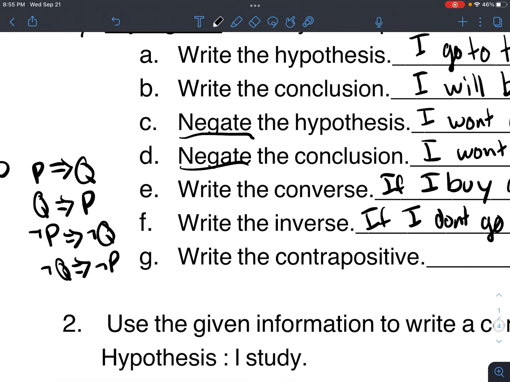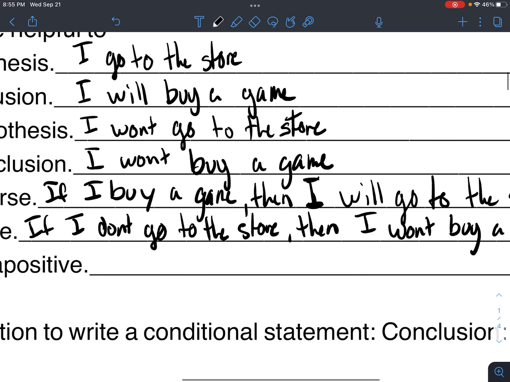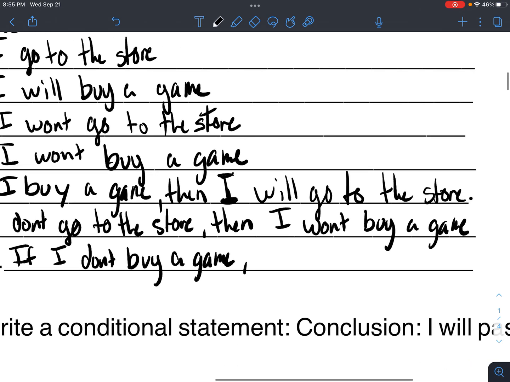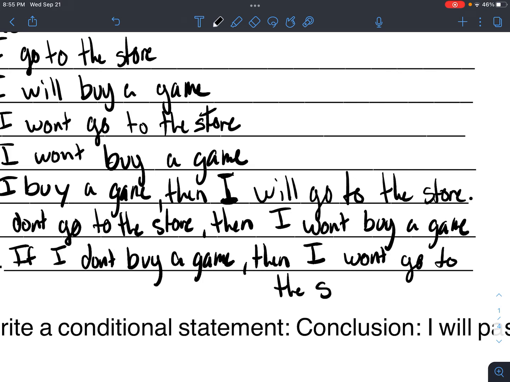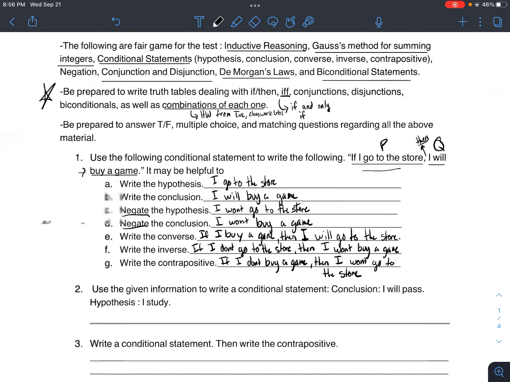Then lastly, the contrapositive is not Q, not P. So if I don't buy a game, then I won't go to the store.